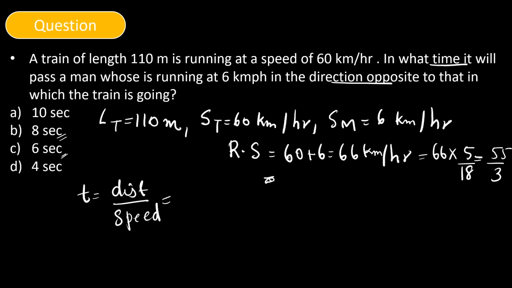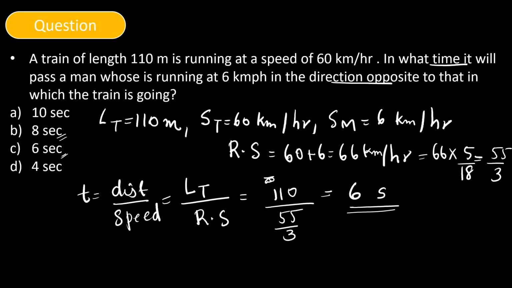When a train is passing a man or a station or an object, the distance should be taken as the length of the train. So length of the train is 110, relative speed is 55 by 3, and this is equal to 6 seconds. So option C.